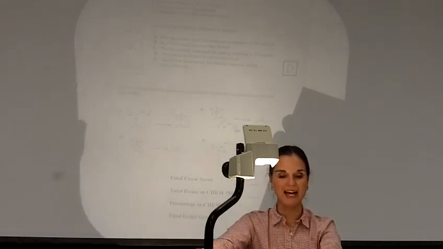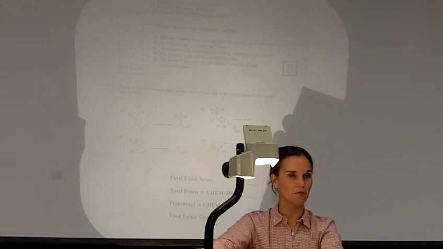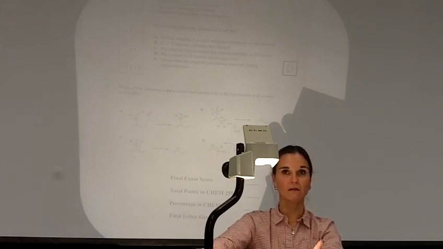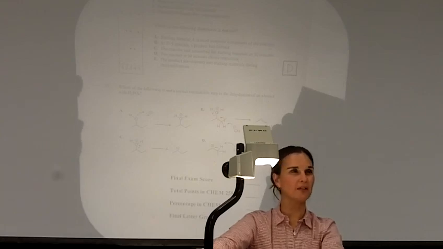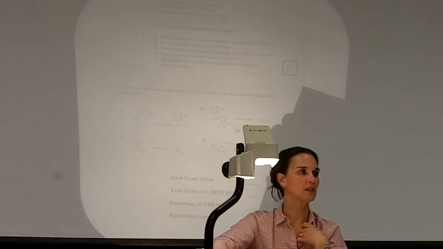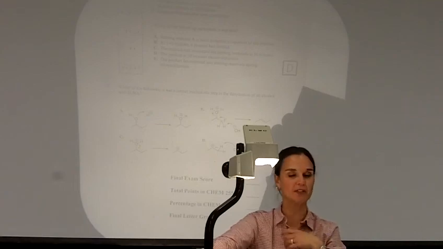So which of those is not a mechanistic step? B, right? Because it doesn't happen all in one step, okay? So what type of elimination is this? It's an E1, right? Okay. Versus what happened with the dehydrohalogenation? What type of elimination was that? E2. It happened all in one step.